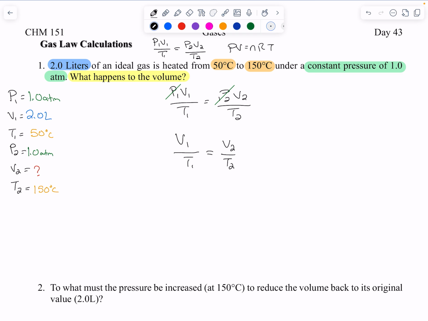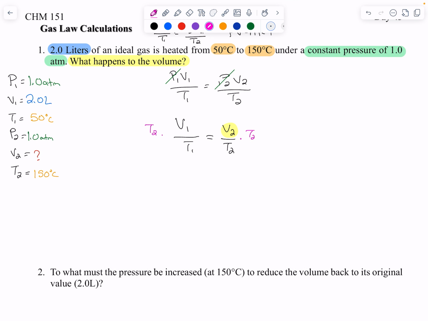And I'm solving for V2. So I'm going to multiply both sides by T2. That means I get T2 times V1 all over T1 equals V2.